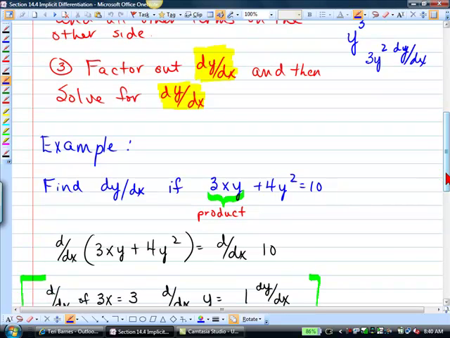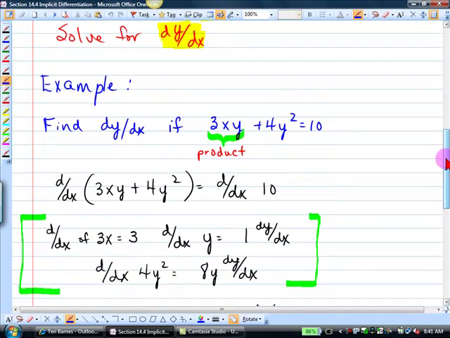Here's an example. Find dy dx, which means derivative, if 3xy plus 4y squared equals 10. First thing you have to note is that 3xy is a product. So we'll have to use the product rule when we do that one. So we're going to take the derivative of both sides. That's what that first line is.